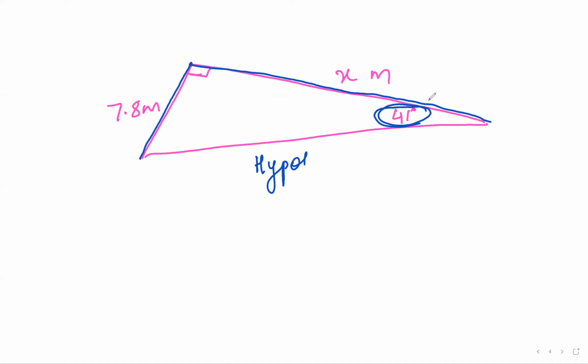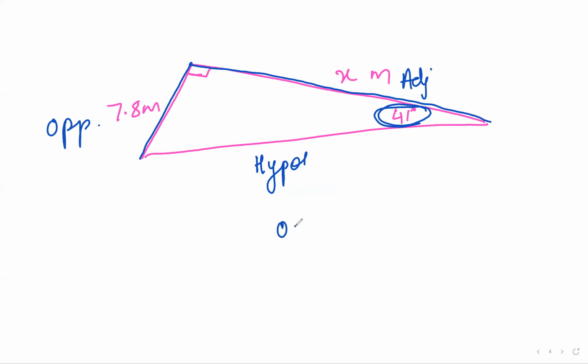Whenever we have to solve such questions, we will always take things in terms of the degrees. Opposite to 41 degrees is the opposite side, and next to 41 degrees is the adjacent side.